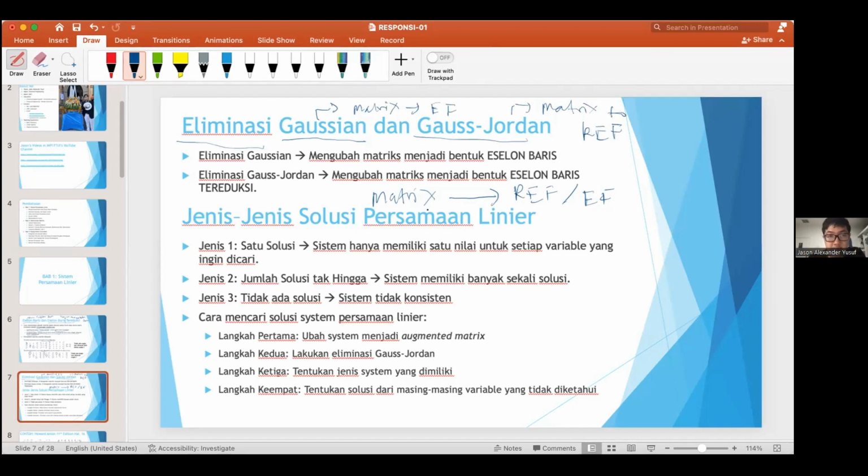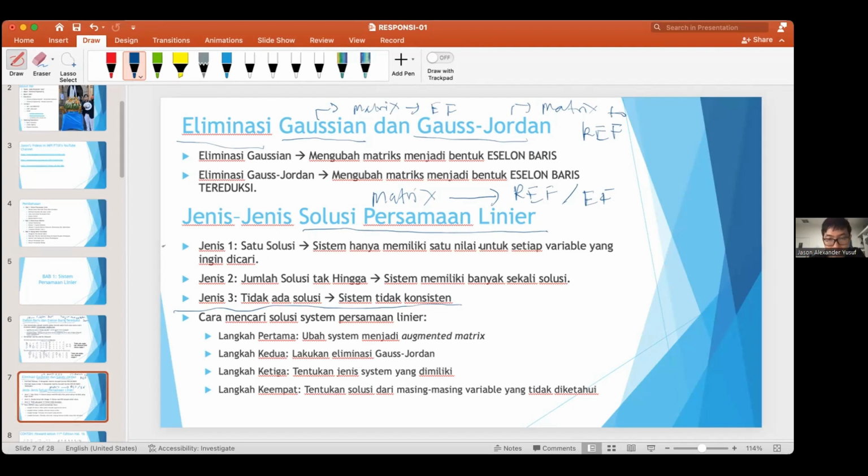And when do you usually apply this? You apply this to find the solution to a system of linear equations. So when you are dealing with linear equations, there are three types of solutions that you can get.